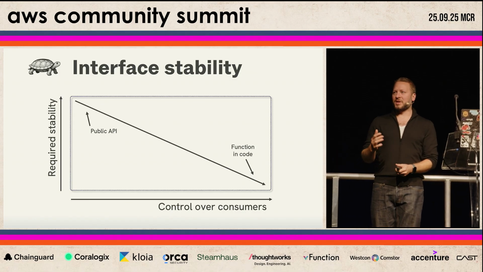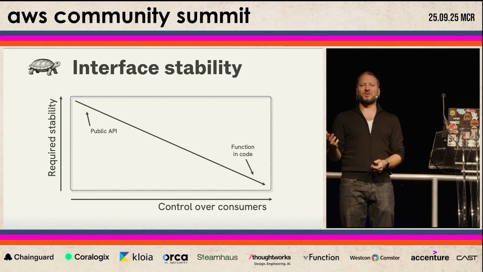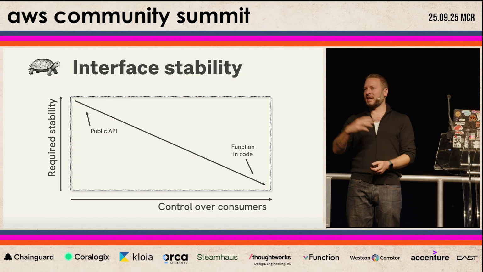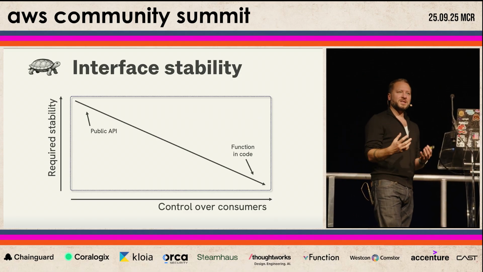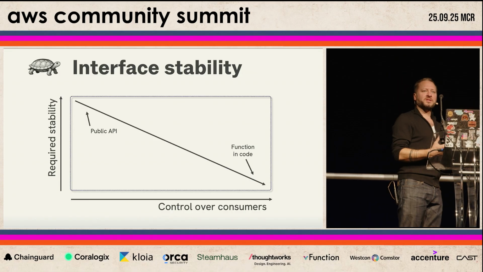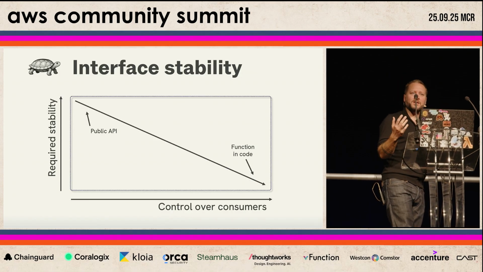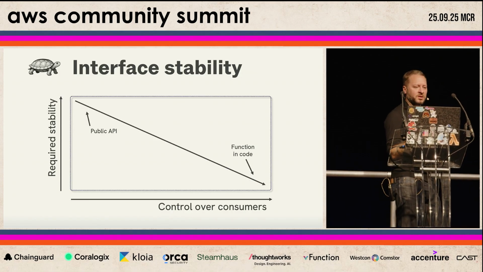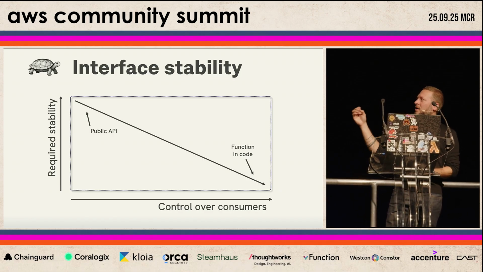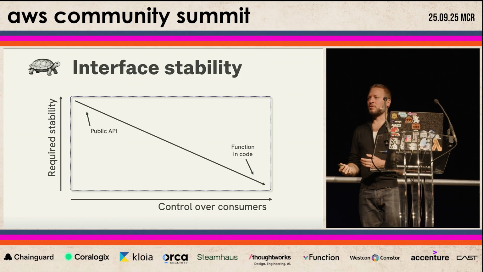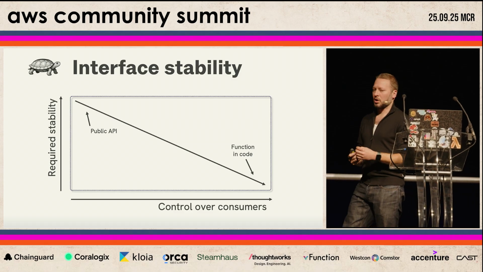In fact, it might be just a simple refactor in your IDE to change all of the consumers in one go. So you have a lot of control, which means that you can change this interface all of the time, like every minute, if you like. It's probably not very efficient, but you could. So in this case, you have a lot of control of your consumers, and you require very low stability of your interface.